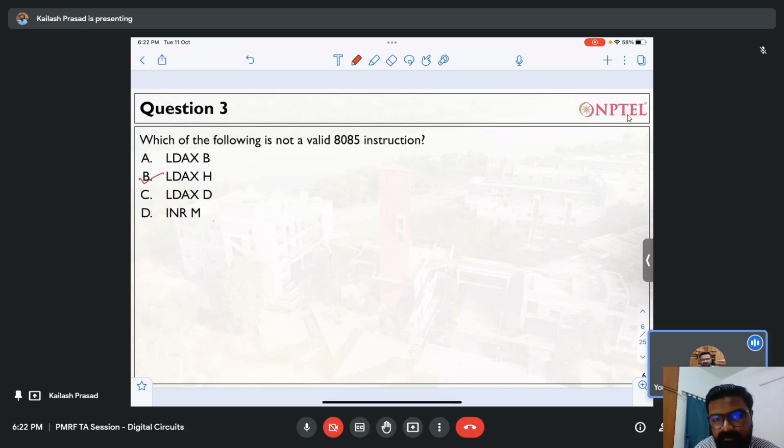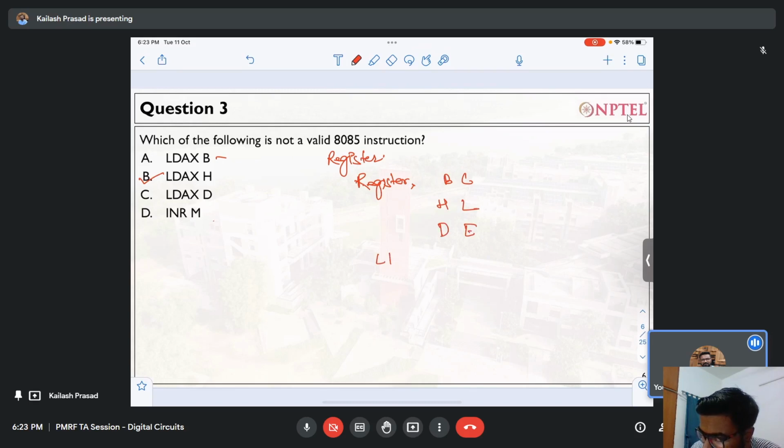Please note, whenever you talk about B, D, and H, you are not talking about only a register, rather a register pair. Whenever I talk about B, I'm actually talking about the B and C registers. H means the H and L registers, and D means the D and E registers. LDAX only works for the BC pair and the DE pair.